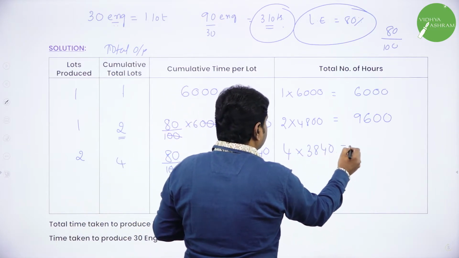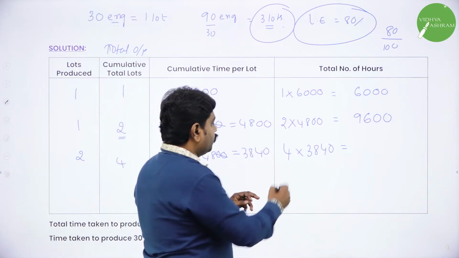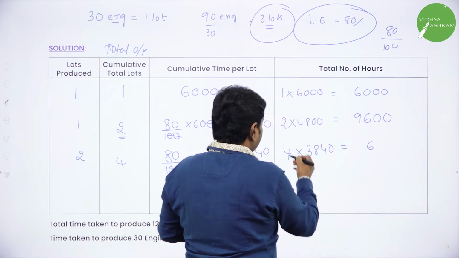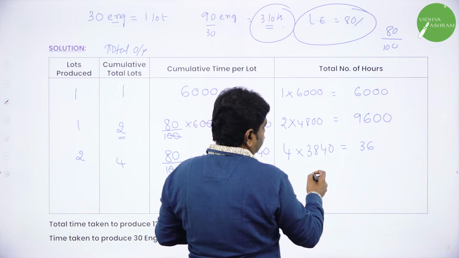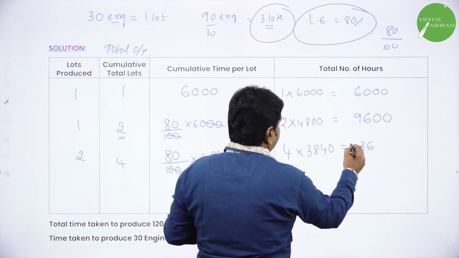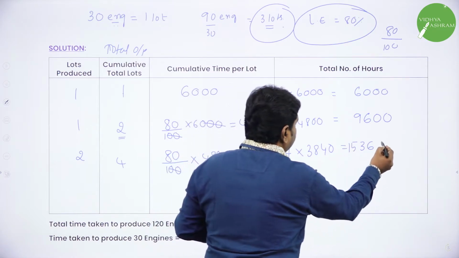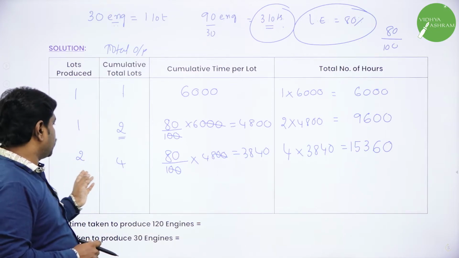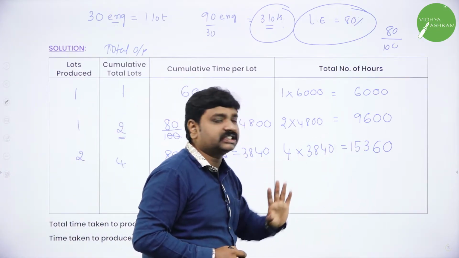Multiply this. So 4 into 3840. 4 4s are 16, 4 8s are 32, 32 plus 1 is 33, 3. Then 4 3s are 12, 12 plus 3 is 15, 0. Now for 4 units we are taking 3840 hours, so it will become 15360 hours.